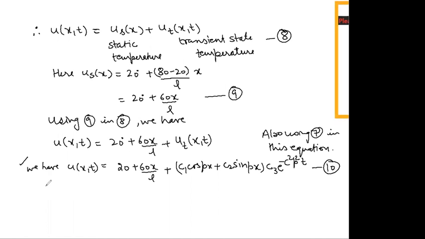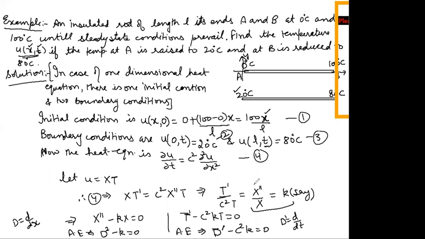Now because boundary condition, first boundary condition, because u(0,t) is 20, you go here, u(0,t), ठीक है, I'm using this boundary condition.